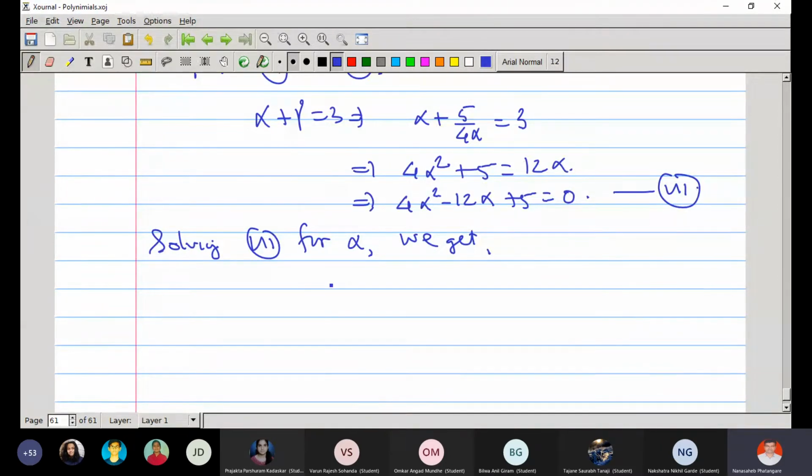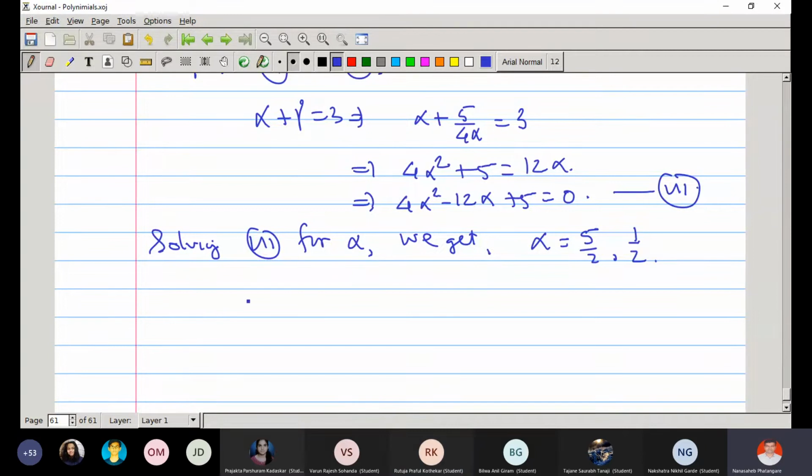So we get the two values of alpha. Can you tell me directly? 5 by 2, 1 by 2. Correct, right? Yes. 5 by 2 and 1 by 2. So these are the two values of alpha.